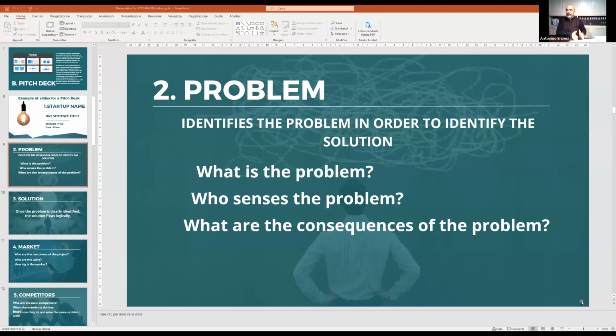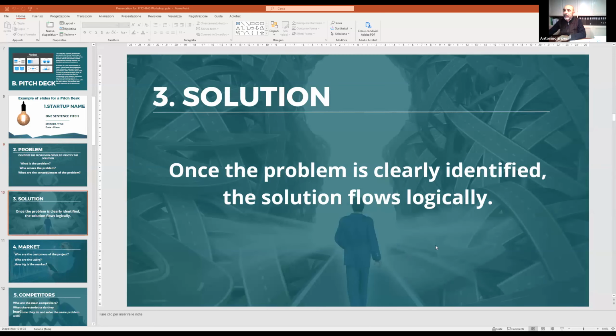And if they understand what is the problem and which are the consequences of the problem, of course, they can identify the possible solution. That is the next step. When the problem is identified, of course, the solution arrives logically. And they can understand in which way their product is a solution for the need.